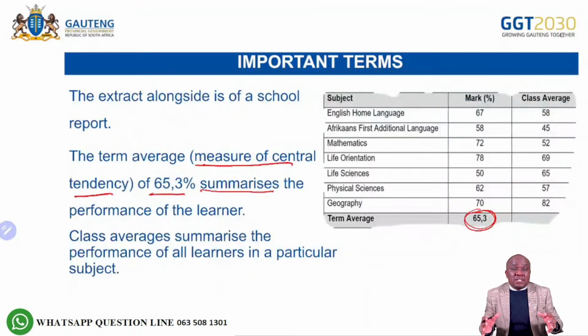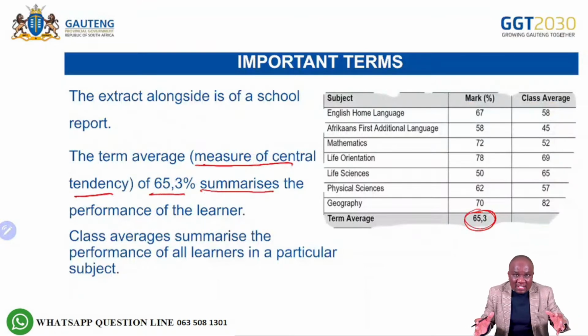They give us a picture about the whole data set. If I say, oh, the average age for grade 10s is 16 years, it does not mean everyone is 16 years old, but that set represents the age for the grade 10s. That's a measure of central tendency.